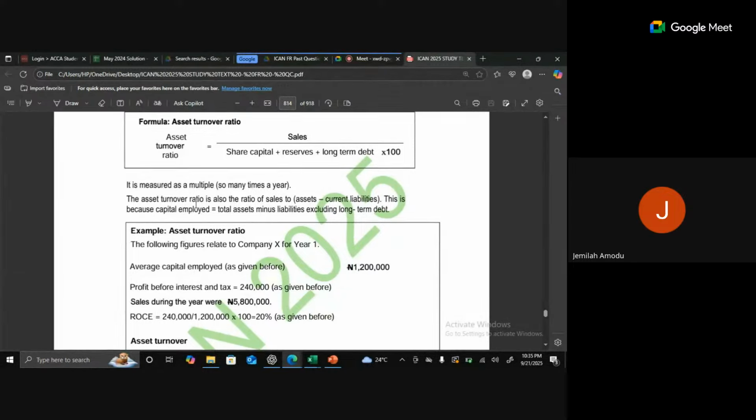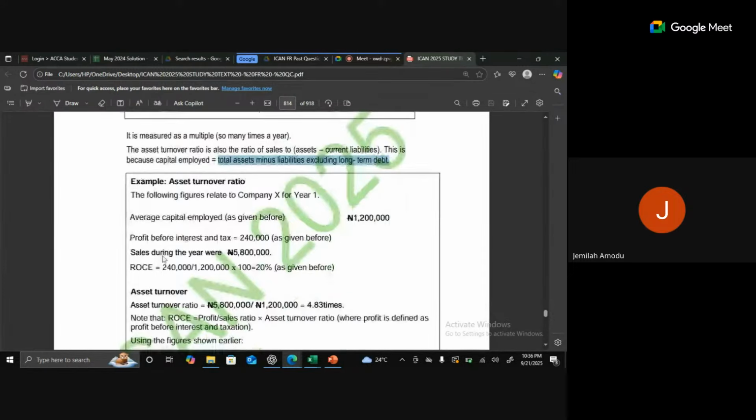So what they are just saying is your asset turnover ratio is the ratio of the sales that you make to your assets minus your current liability, basically. And this asset minus current liability is simply them showing, or you calculating, your capital employed. So that is just it.